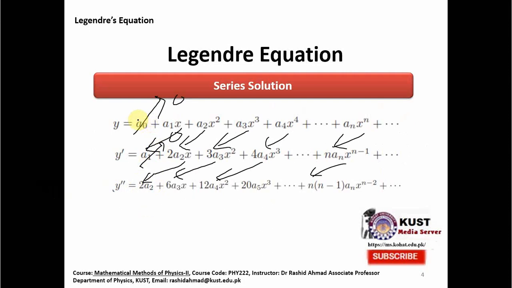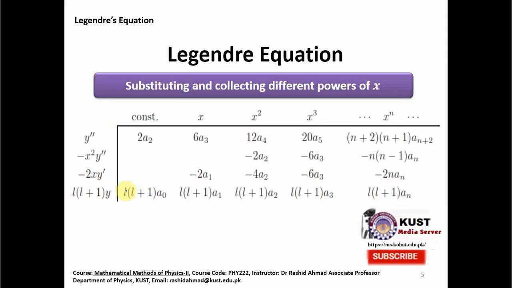So you see that no x is involved in these first terms. So this 2a2 is in y double prime. The other terms are also constant, but associated with y prime and with y. So the first entry in the table is 2a2 into y double prime, as you see over here, that this is constant and y double prime.